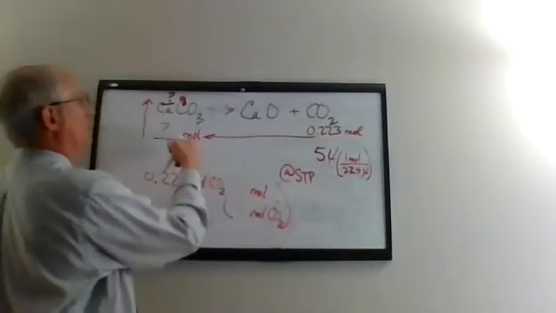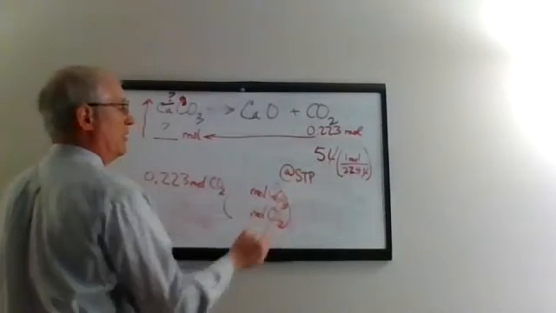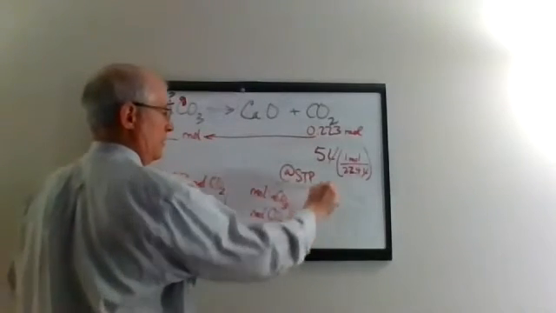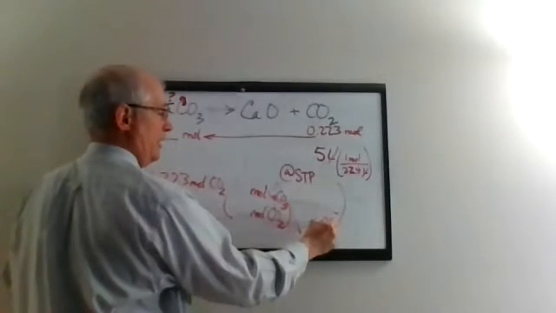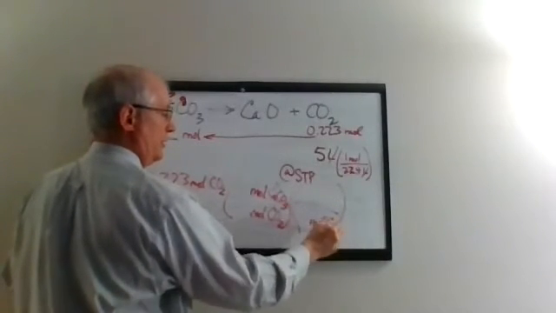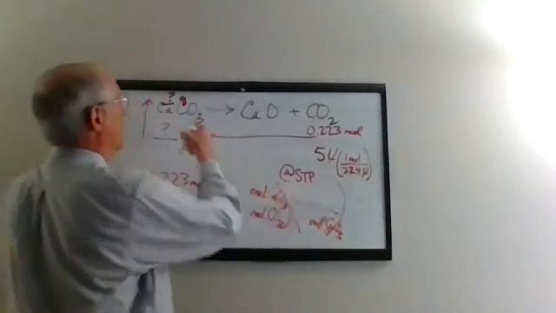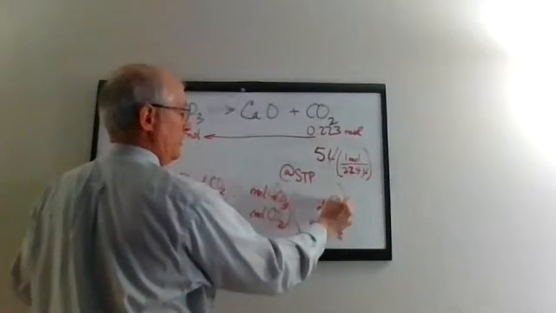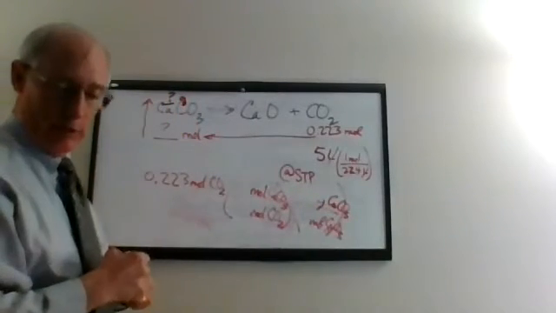Moles of CaCO3 go up there because that's at the end of the arrow. Moles of CaCO3 go down here, so it'll cancel. And grams CaCO3 go up there because that's at the end of the arrow. That's where you're headed.